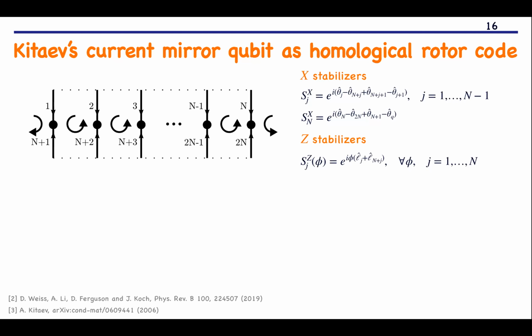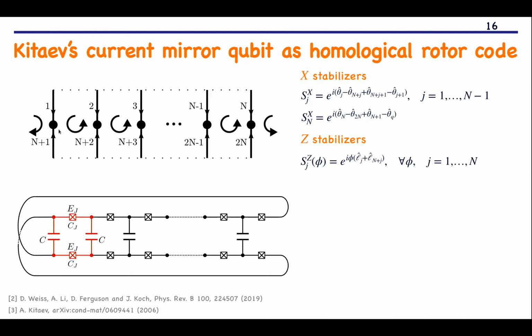You will see that for the X part, each edge here is a rotor, so you will have 1, 2, 3, 4 phases involved with a twist at the end, while the Z part is simply two-body, and as you see is simply a sum of these Lj plus Ln plus J, which is reminiscent of the fact that a big capacitance will enforce this constraint. And indeed, now the circuit actually really looks like a Möbius strip.